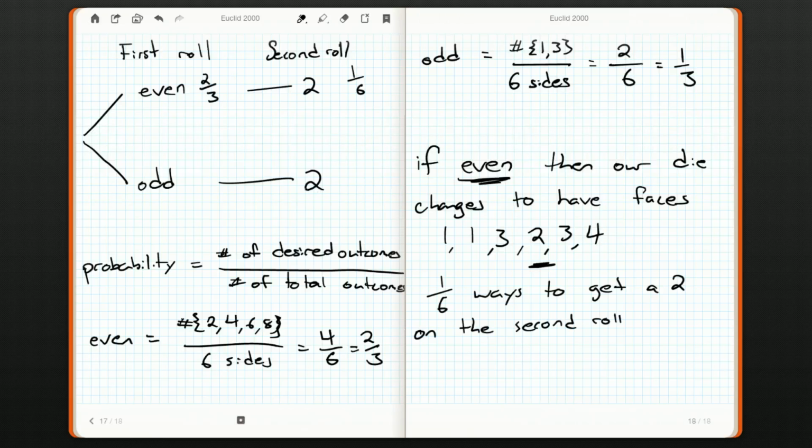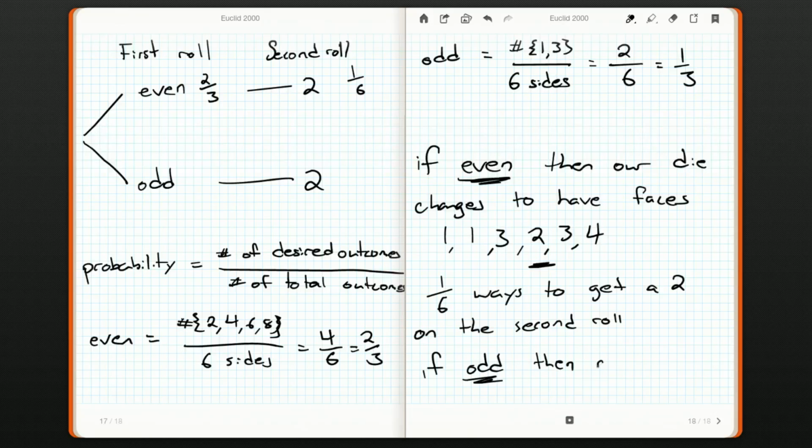Now, what are the odds that we're going to get a 2 if we know that our first roll was odd? We have an odd number, then our die reads, all the odd numbers are doubled. So we get a 2, a 2, a 6, a 4, a 6, and an 8.